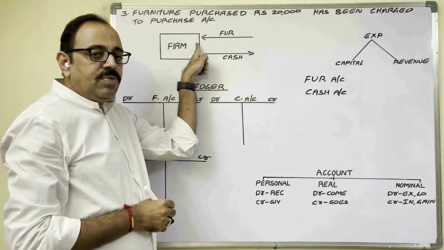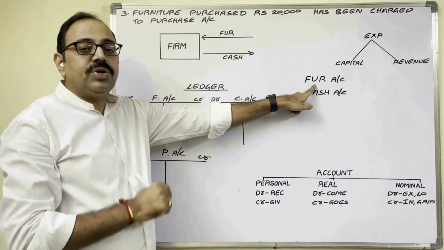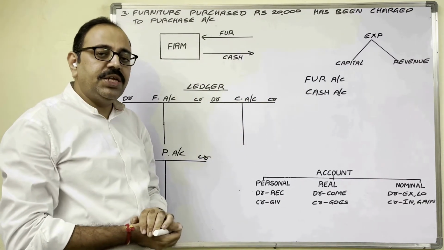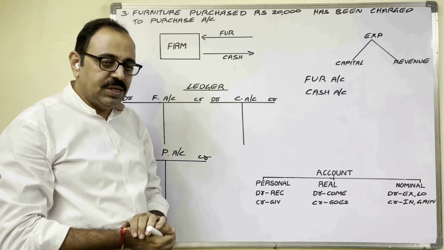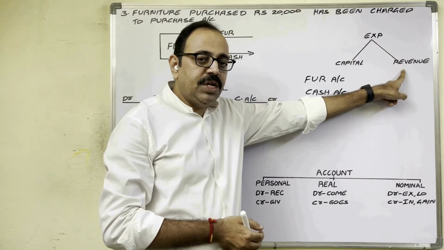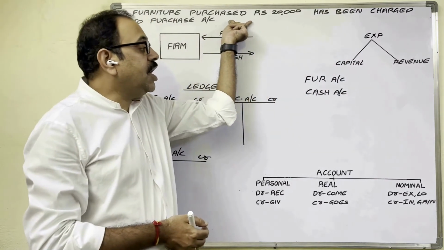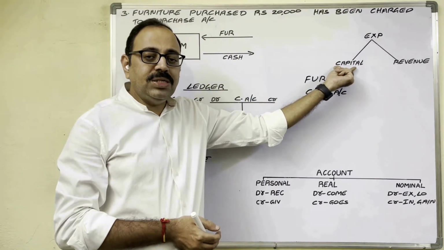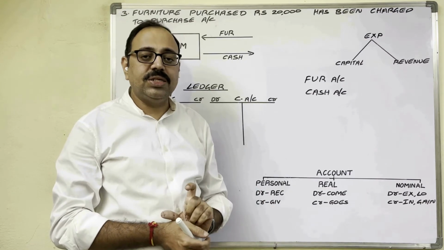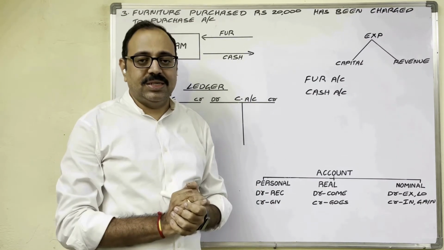Furniture is coming now, therefore furniture account we should consider here. This is also an expenditure. Furniture purchased is an expenditure. Expenditure is of two types now, capital expenditure and revenue expenditure.